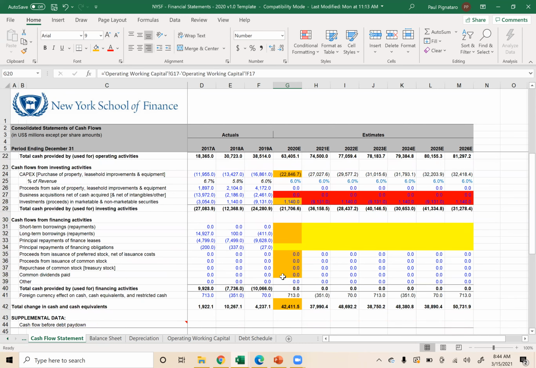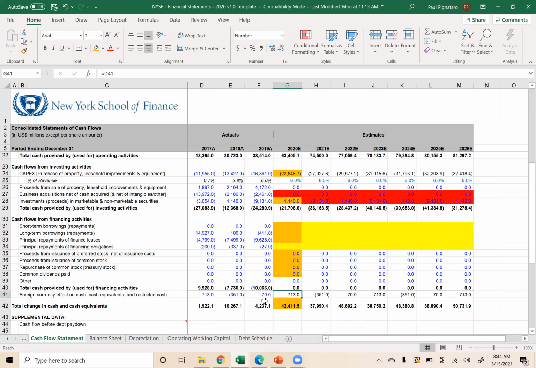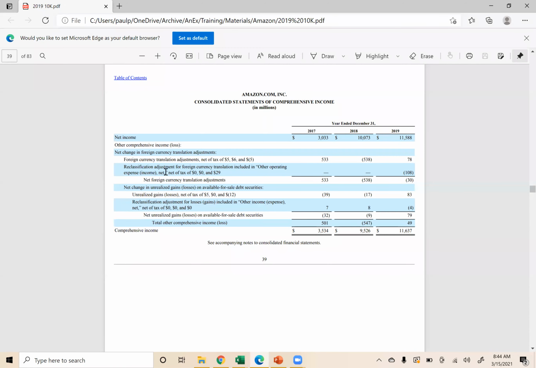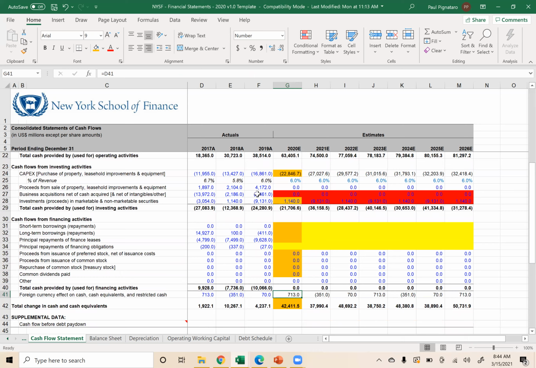We got foreign currency effect on cash equivalents. Now, this is always other comprehensive income. Quick item here.